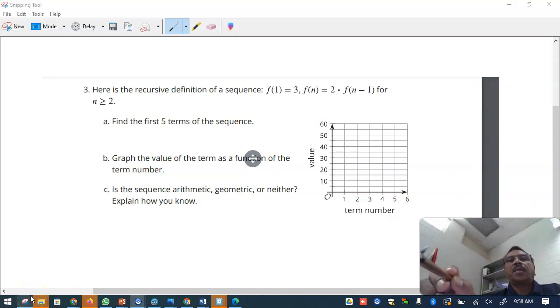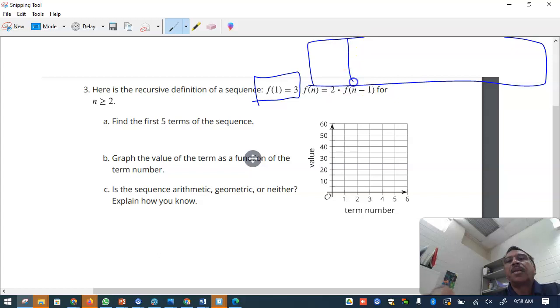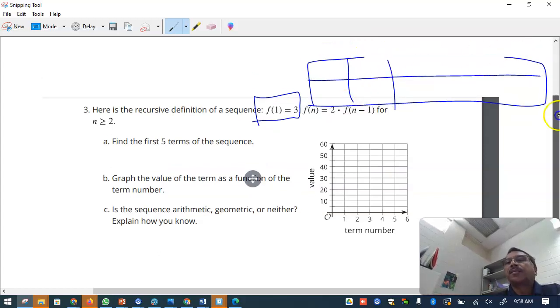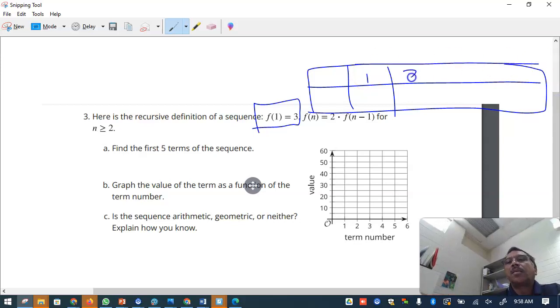Question number 3, you are given a recursive definition. So there you go, this part is given. Let's write that. In this case, we begin with 1, 2, 3, 4, 5, and f of n. By just looking at this, this basically means you're multiplying.